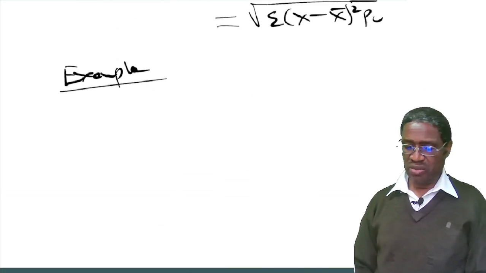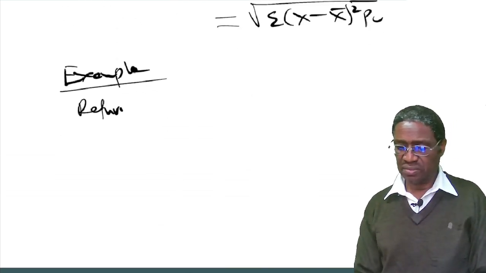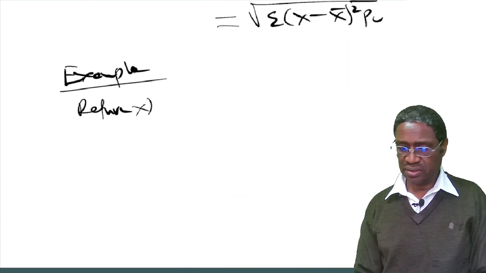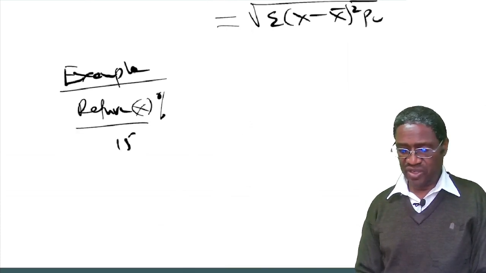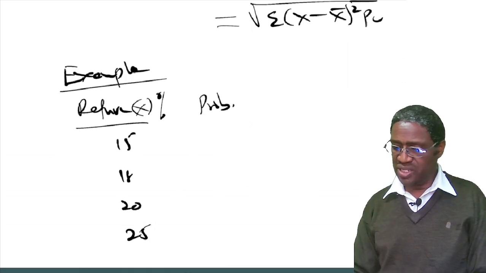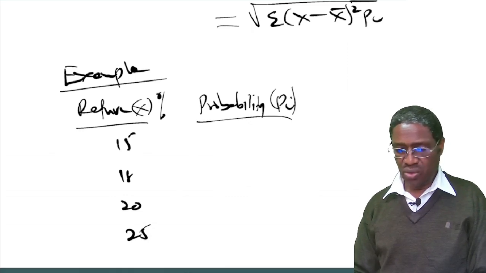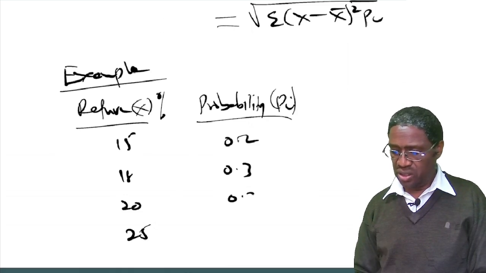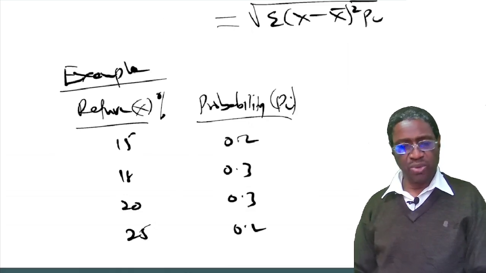So let's do the table again. We have return, which is X, as a percentage: 15, 18, 20, and 25. Then you have probability, which I'm calling pi, equal to 0.2, 0.3, 0.3, and 0.2.